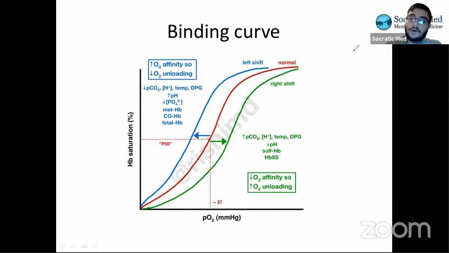Now, under what conditions will a right shift or a left shift occur? Right shift, mainly, at least for MCAT purposes, will occur in high acidic environments.